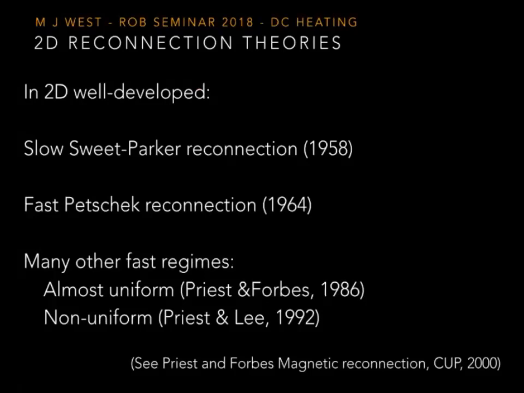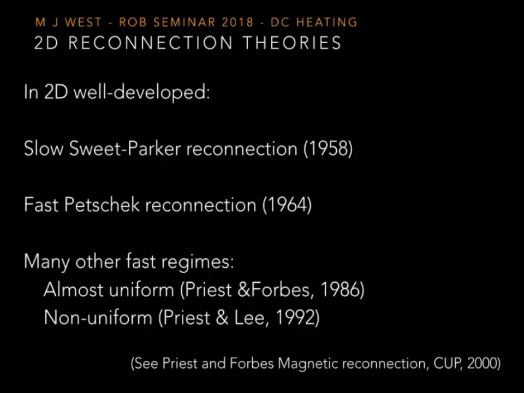The idea has been well developed in 2D, and it all started with the Sweet-Parker model of reconnection in 1958, where we force field lines into a single point, and reconnection occurs, and we have this reorientated magnetic field, and thermal and kinetic energy. But it was found that this mechanism was quite slow, and this was improved upon by the Petschek model of reconnection, where it increased the size of the region you're forcing the magnetic fields into.